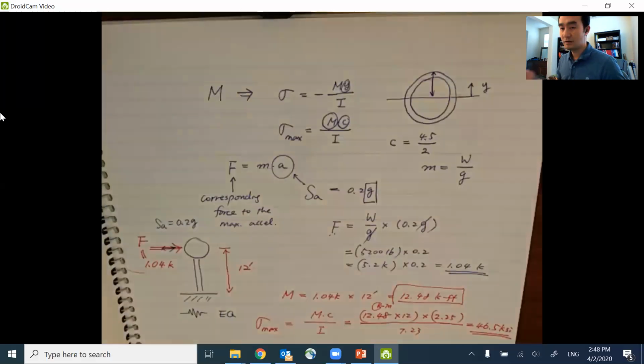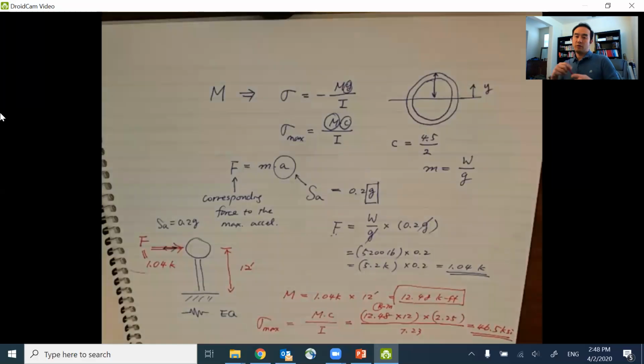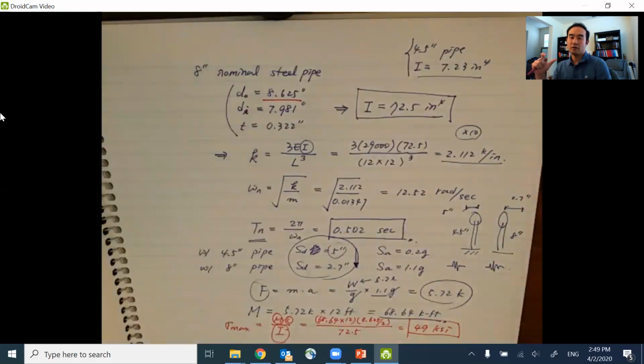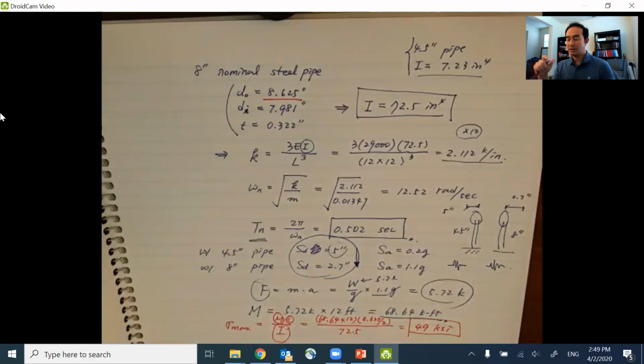Look at this. Earlier we had a 4.5-inch steel pipe. The corresponding peak deformation was 5 inches, and the maximum bending stress was 46.5 ksi. The designer thought that was too much stress and exceeded the allowable stress limit. So that's how the designer decided to change the size from 4.5-inch to 8-inch pipe.